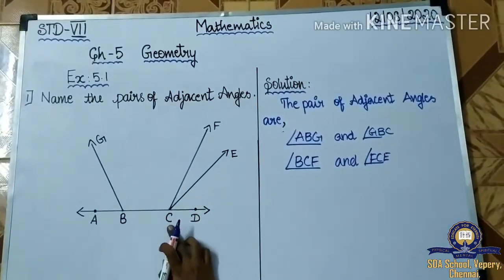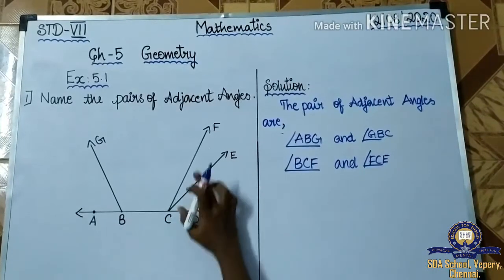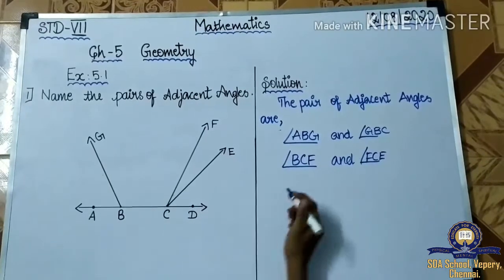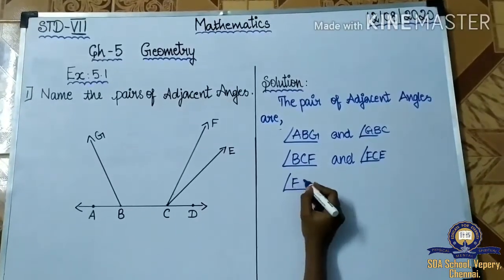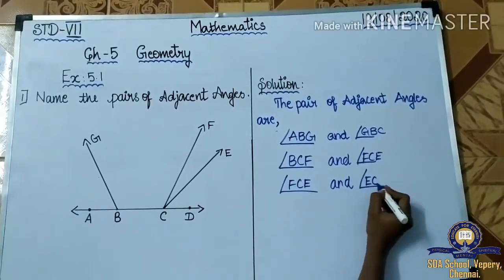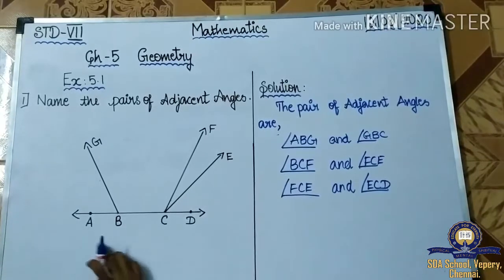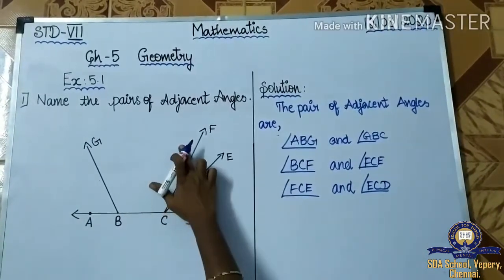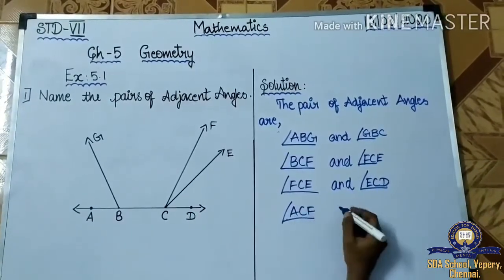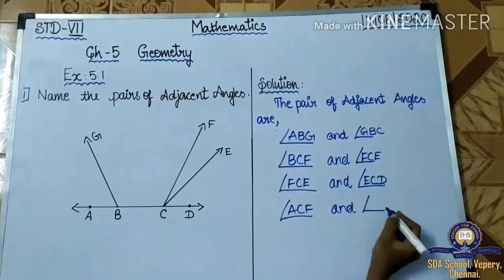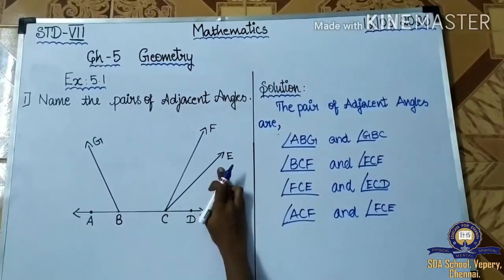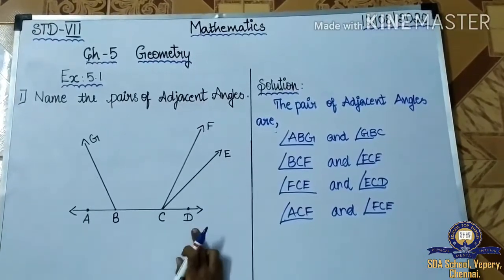Next, see, the common vertex is C, right? So, FCE is a pair with ECD. Next, angle ACF is a pair with FCE. And angle ACE is a pair with ECD.